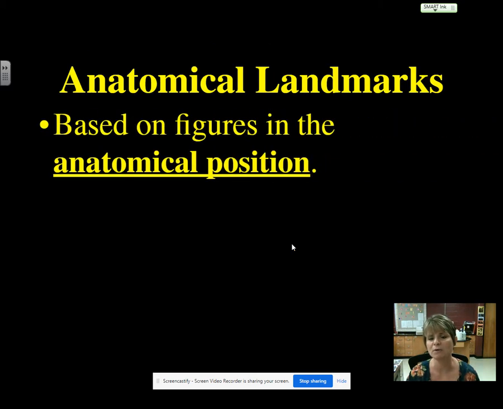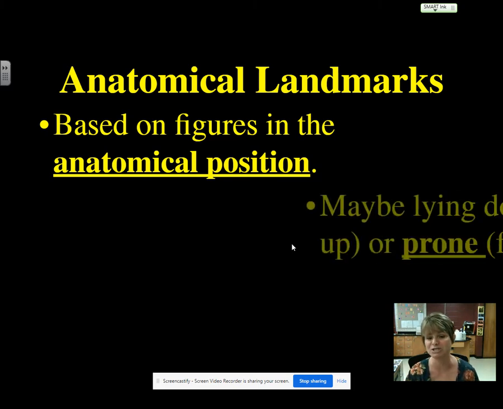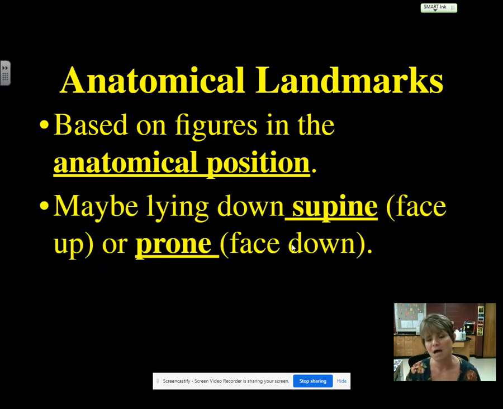Again, the anatomical landmarks, first thing we need to understand is that we're going to be referring to anatomical position. Anatomical position, I'll explain to you what that is in just a minute, but a couple of other terms that you may have seen before and you need to be familiar with are supine and prone. Supine means that the body is lying face up. Prone means that the body is lying face down.